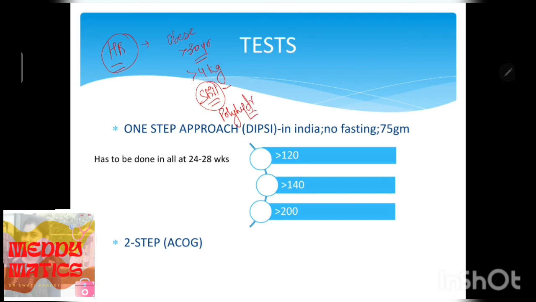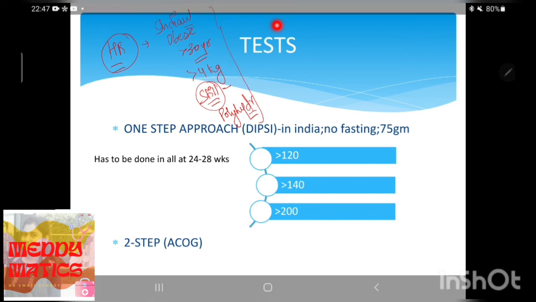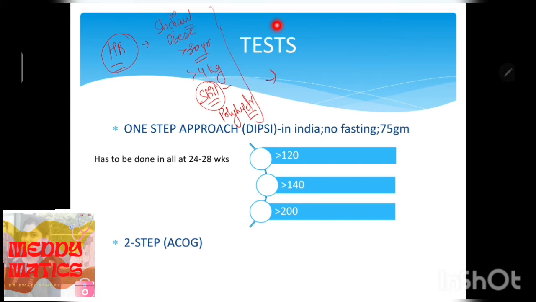The Asian population, mainly the Indian population, is at risk of diabetes because India is the diabetes capital of the world. So in these high risk females, always note that we have to do the test.